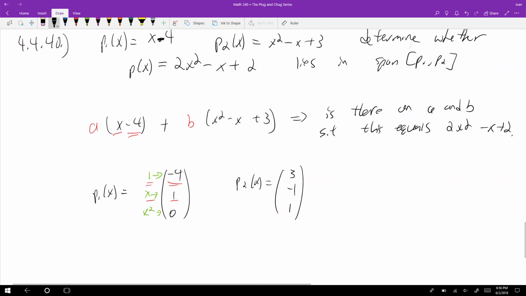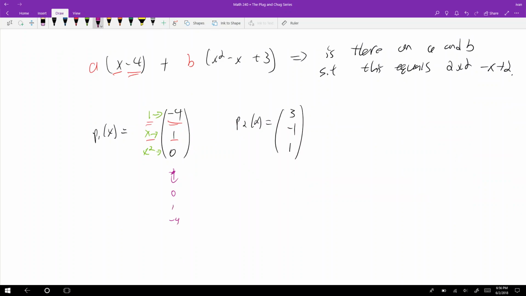It doesn't matter how you write this. You can write it as (0, 1, 4), but you must be consistent with how you write it. I'll usually do it as constant term, first order term, and then the square term.